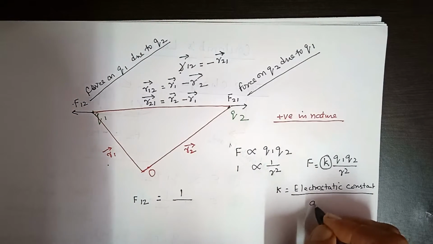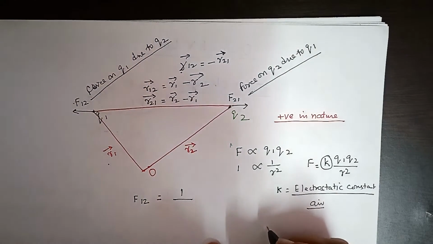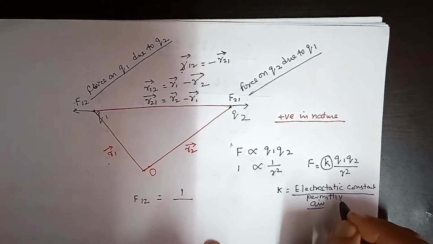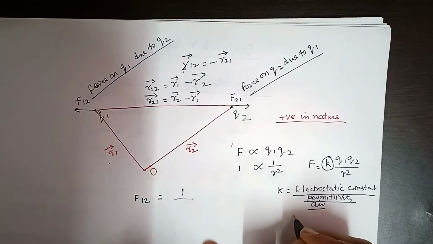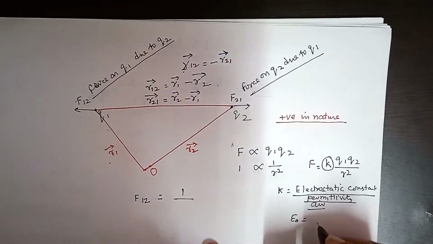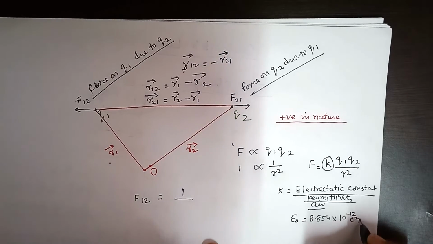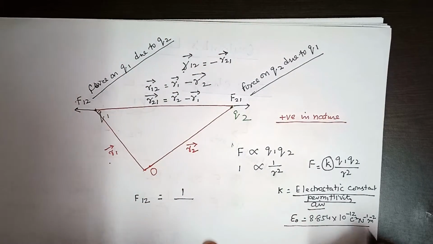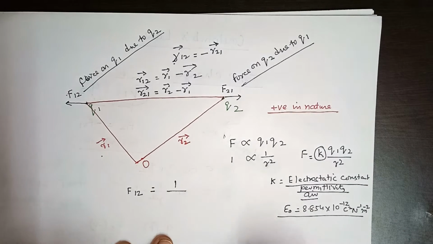If the medium is air or vacuum, it is called free space, and its permittivity, epsilon naught, is equal to 8.854 into 10 raised to the power minus 12 Coulomb square per Newton per meter square. This is the permittivity of air, if air is the medium between the two charges.